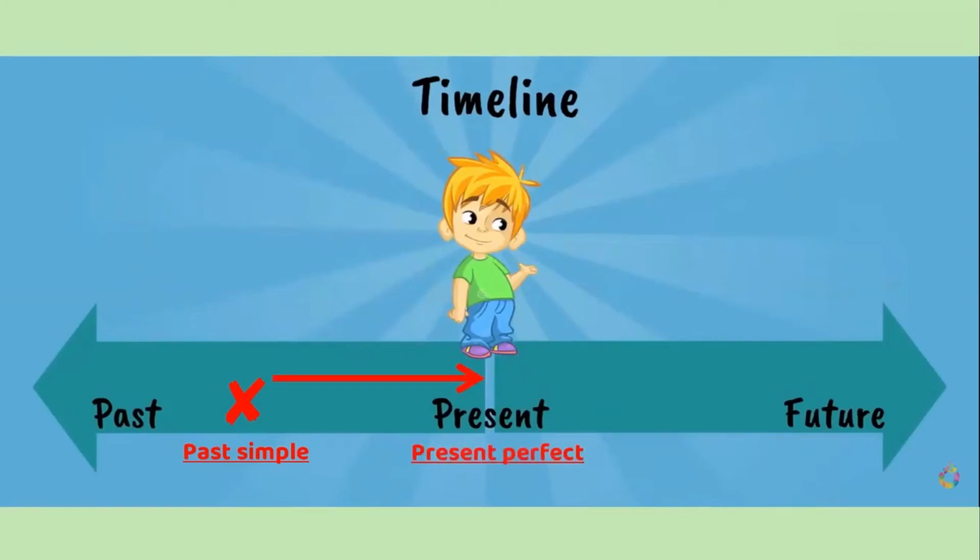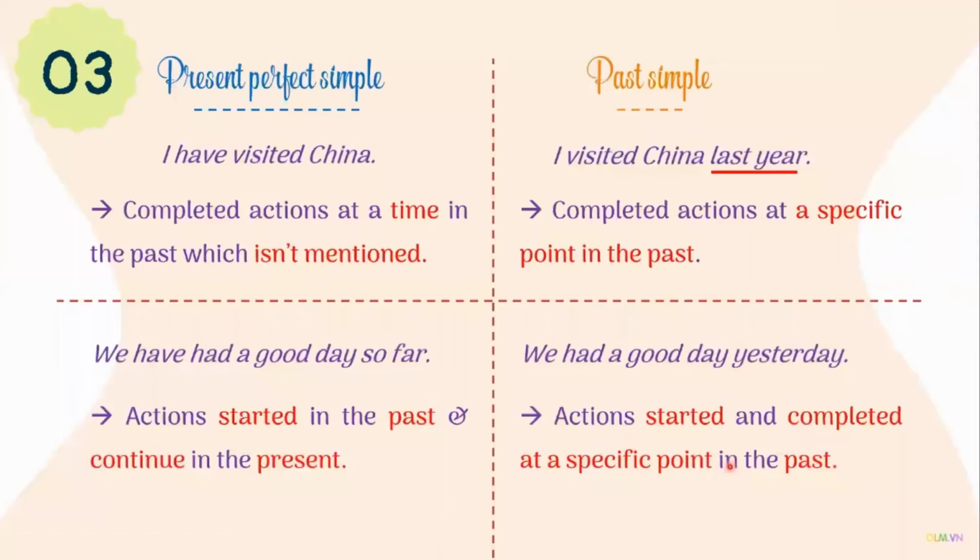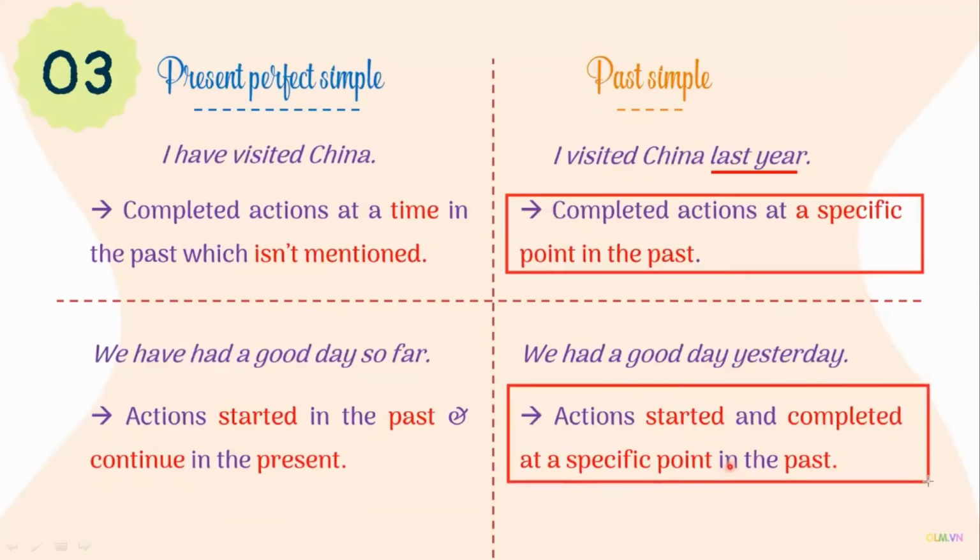Okay, so this is a table, a note that I have compiled for you so that you can take note into your notebook. In the past simple, the action started and completed at a specific point in the past.